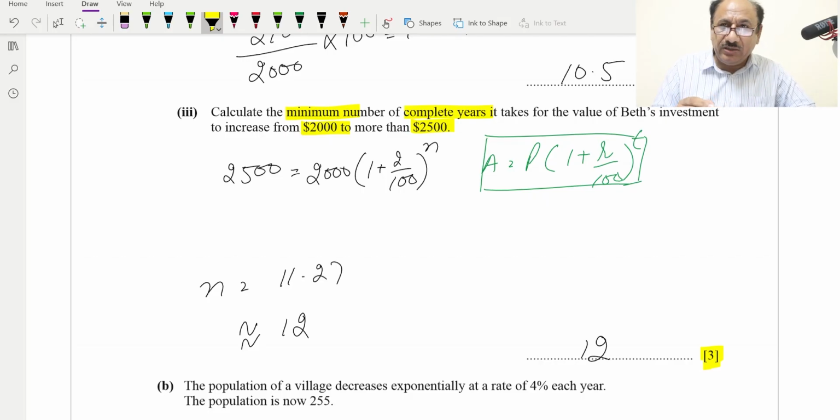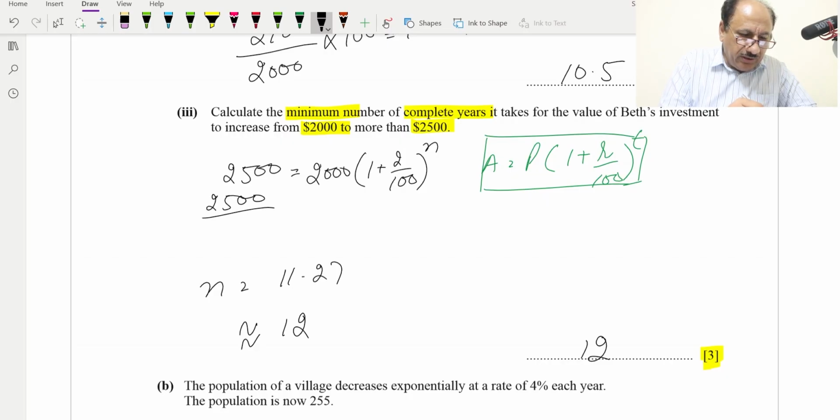you have written only one step and you are claiming for the 3 marks. So what you can do is some working, for example 2500 divided by 2000. You can shift this 2000 to the other side and write here (1 + 2/100) raised to the power n.